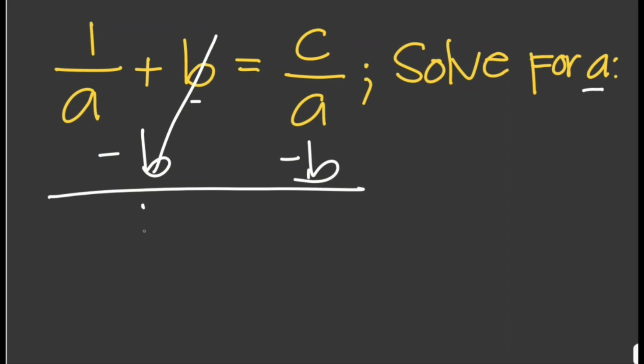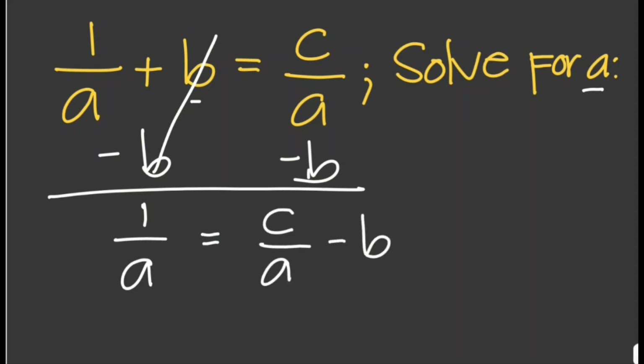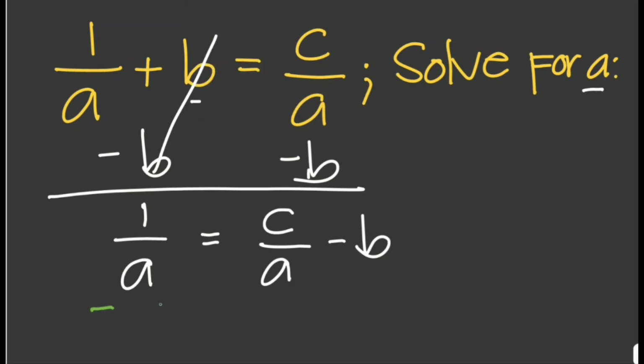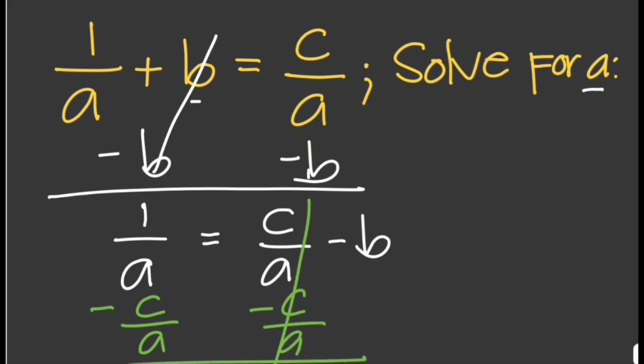Then we're left with 1 over a equals c over a minus b. And then we subtract c over a from both sides, to get rid of the c over a here on the right.